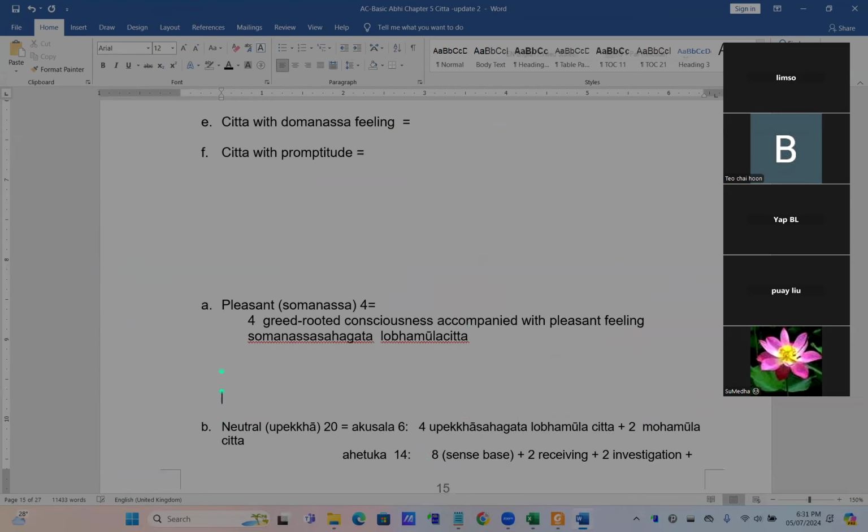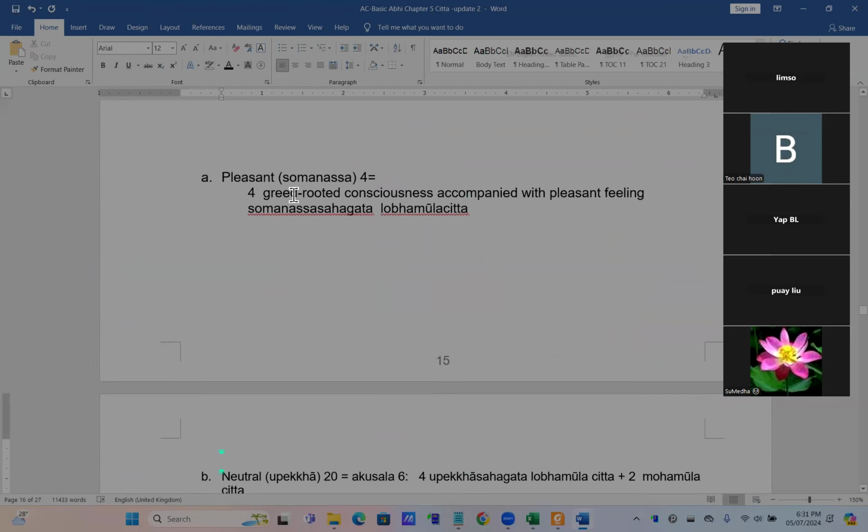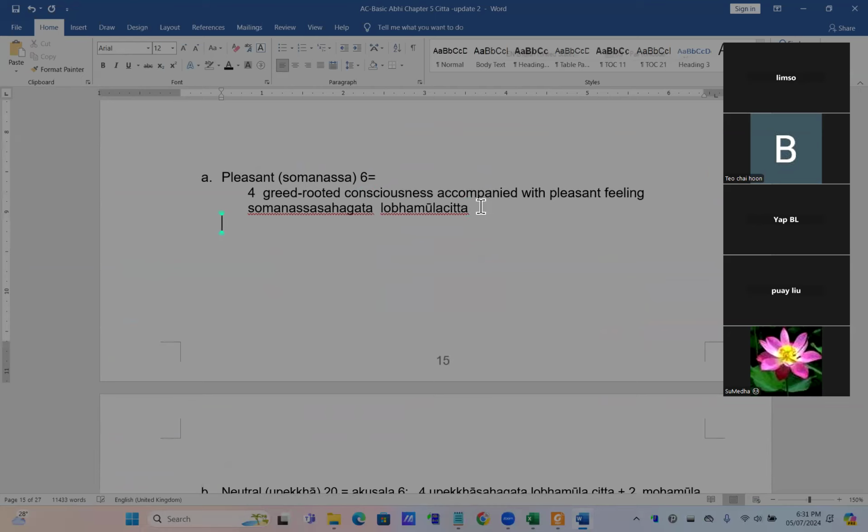So pleasant is 4, greed, Lobha mula accompanied with Somanasa sahagata, pleasant feeling, and then also with the Santirana with Somanasa feeling.